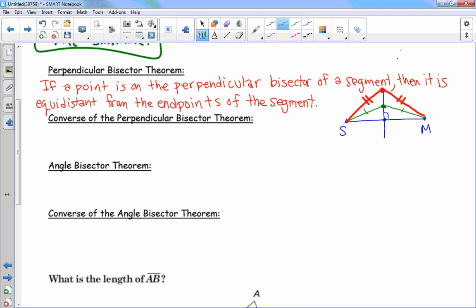This one started with, given the perpendicular bisector of a segment, we get the point is equidistant from the endpoints. I didn't say that very well. So the converse is, if the point is equidistant, then we have a perpendicular bisector. Converse means reverse the order.